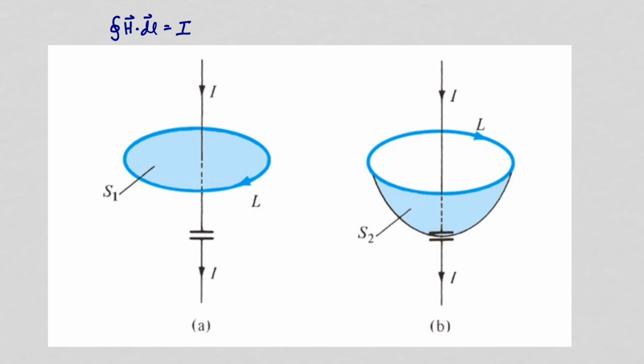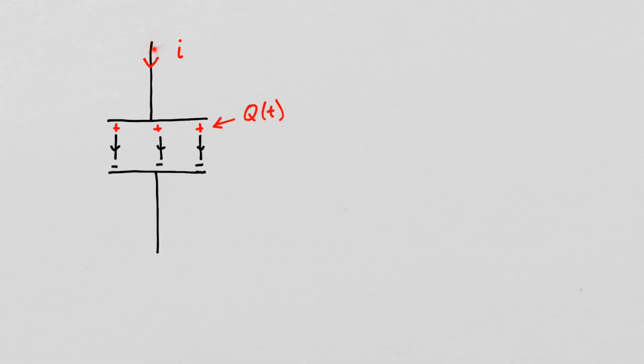Maxwell determined what term has to be added to the right-hand side of Ampere's circuital law to account for such situations. With a DC current flowing, the charge on the capacitor is going to be increasing. That increase in charge, that dq/dt, is going to equal the current that's flowing.